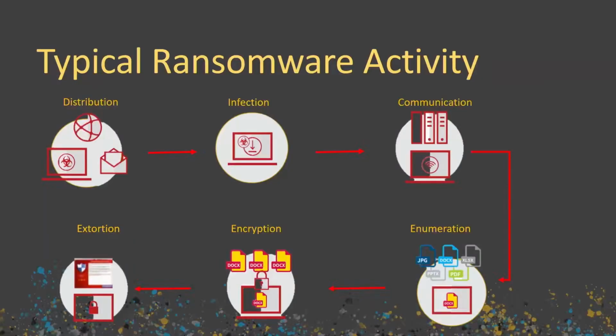There are different aspects to ransomware in terms of its life cycle: starting from distribution, getting onto the platform to execute, communicating to its servers, potentially using the strongest form of keys, enumerating the files they want to encrypt, encrypting the files, which is the area we'll focus on in this case study, and then leading to extortion.